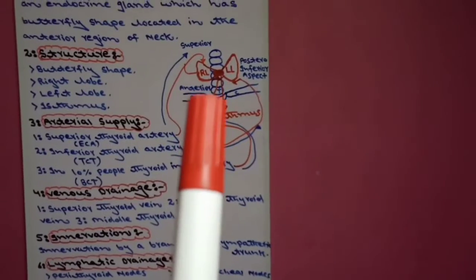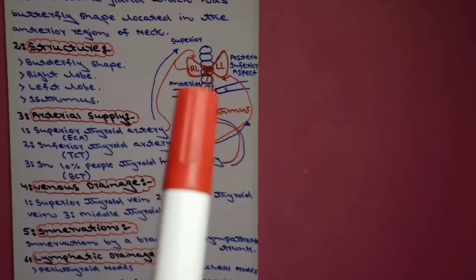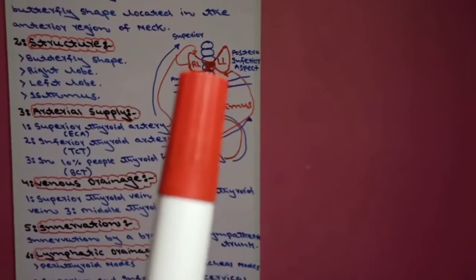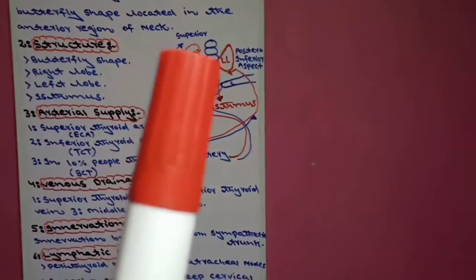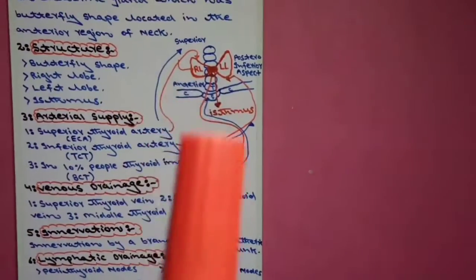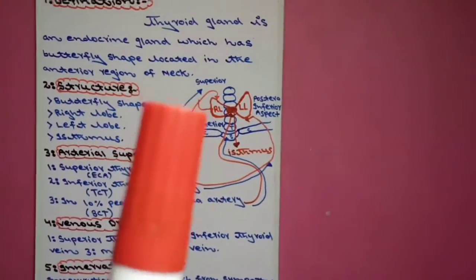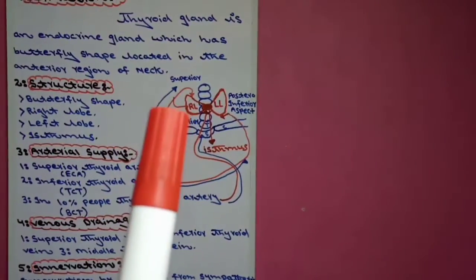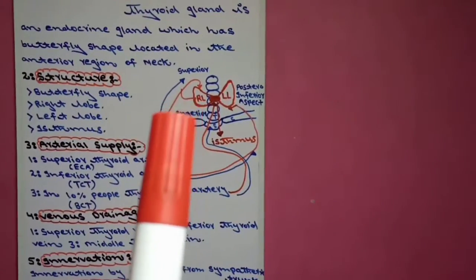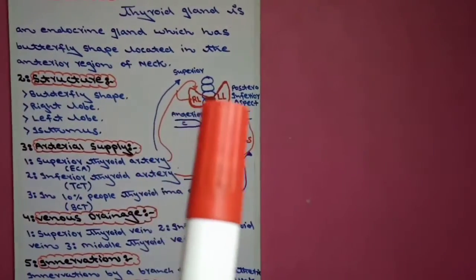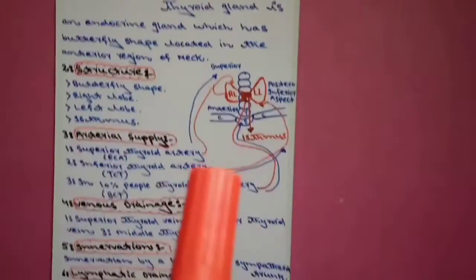Above the sternum there is the tracheal cartilaginous ring, and on the tracheal ring, the thyroid gland is located, which has right lobe, left lobe, and these right and left lobe are connected by a structure called isthmus.